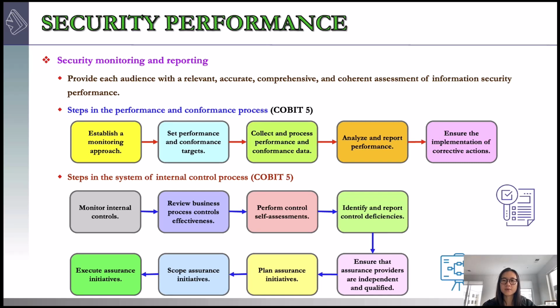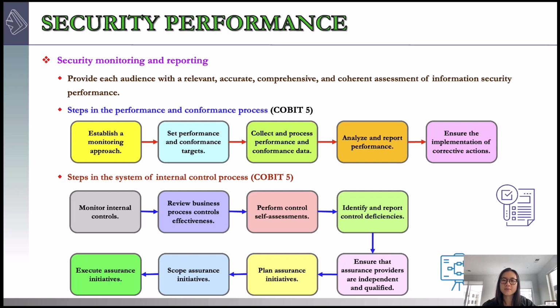The third step is performing control self-assessment. The organization encourages management and process owners to take positive ownership of control improvement through a continuing program of self-assessment to evaluate the completeness and effectiveness of management control over processes, policies, and contracts.